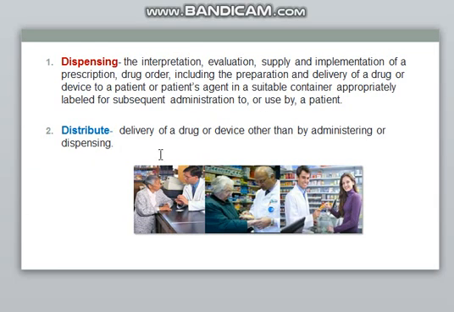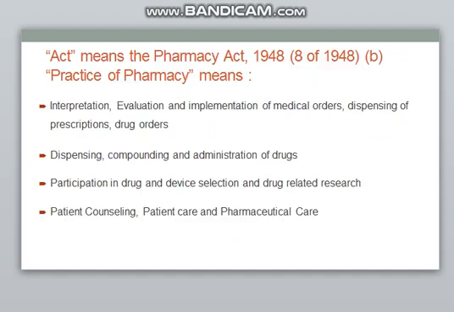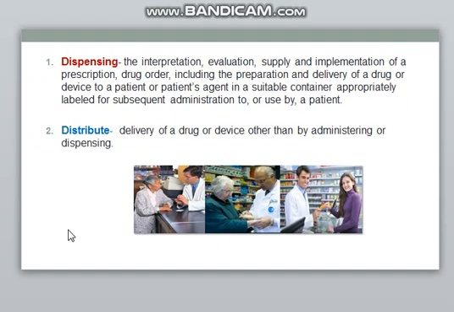So basically we will discuss the pharmacy practice one by one. We have seen the meaning here, and we will discuss it later on. First is dispensing. In previous years also the pharmacist was dispensing, but here we are focusing more on it.